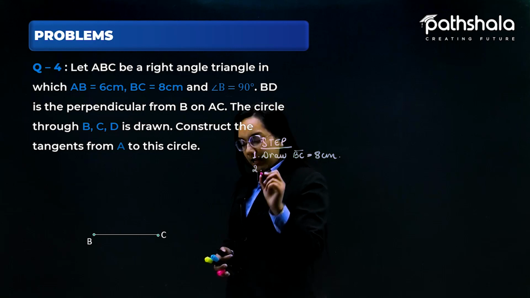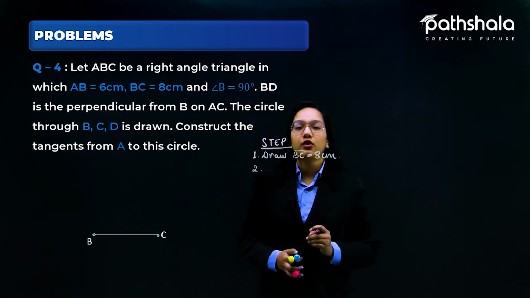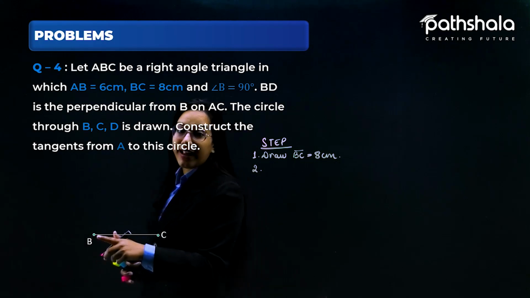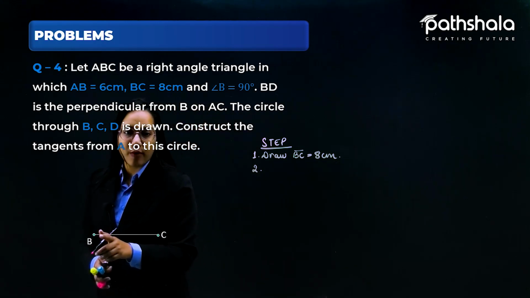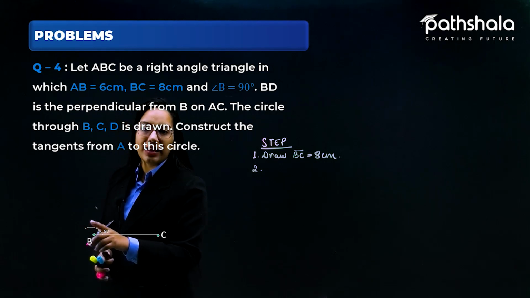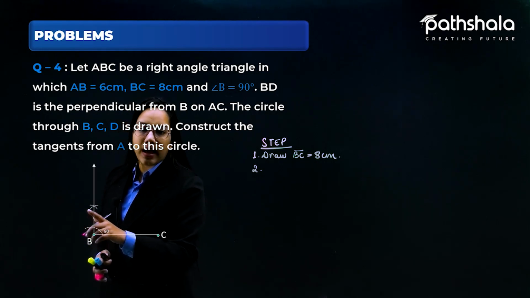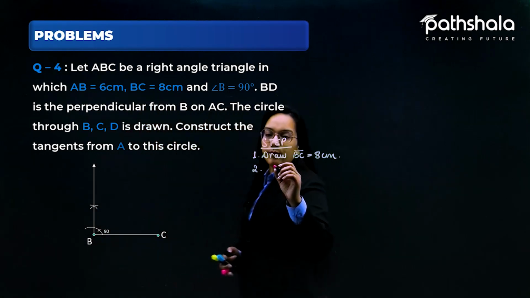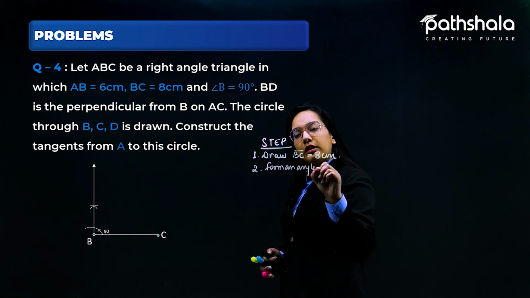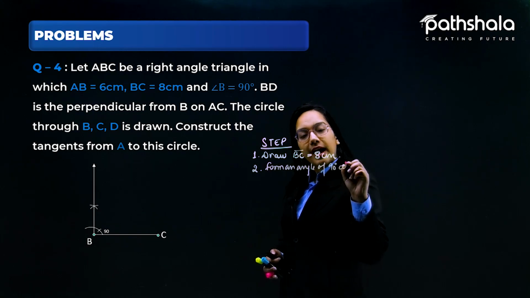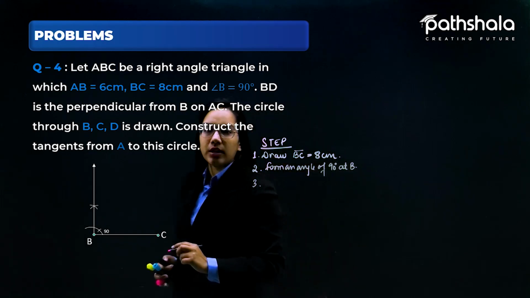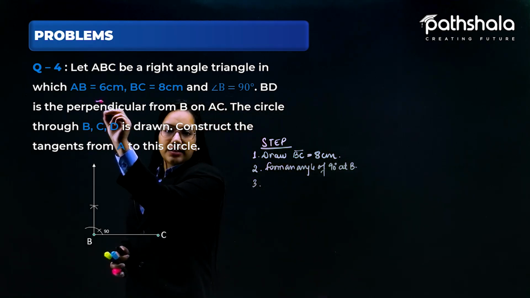The next step would be: we have to construct a right angle triangle, and it is right angled at B. It means we have to form an angle of 90 degree at the point B. So using the compass again, I'm making an angle of 90 degree over here, and you can see this angle would be 90 degree. So the next step would be: form an angle of 90 degree at B. And further we know that AB is 6 centimeter.